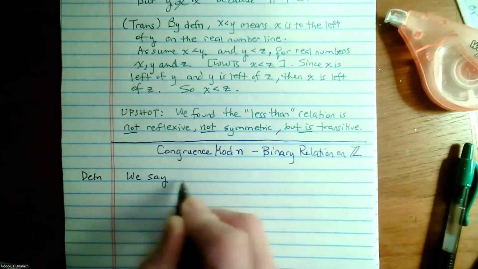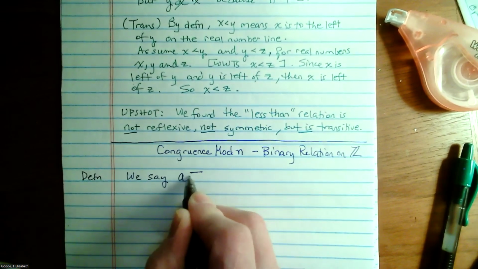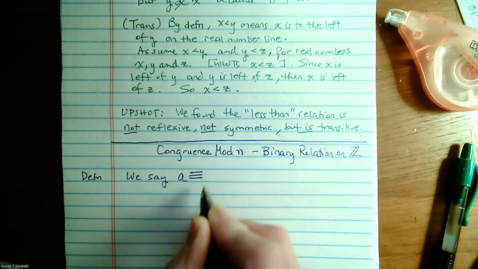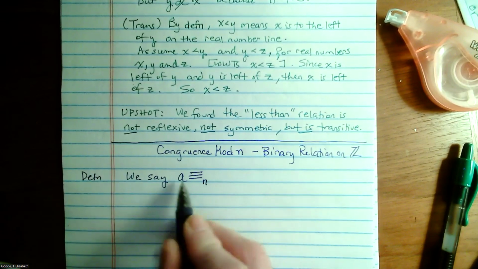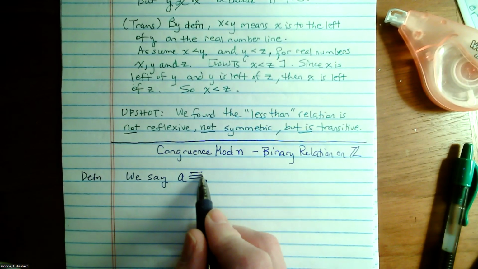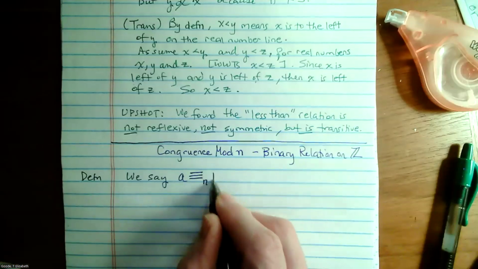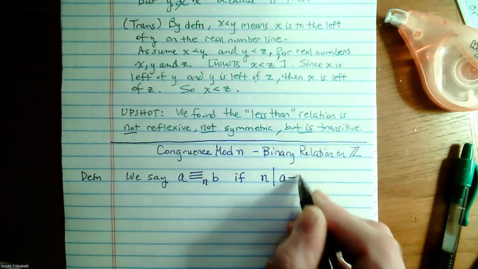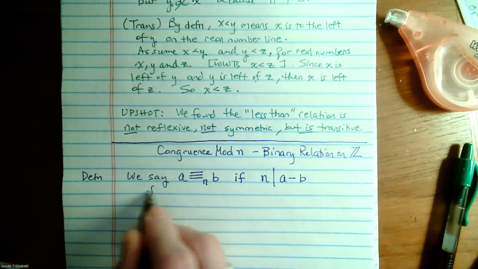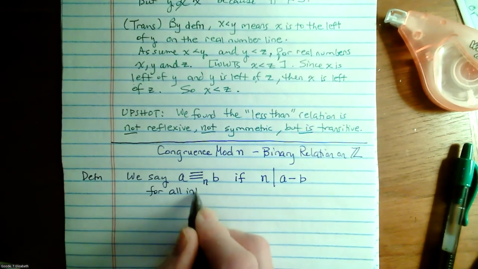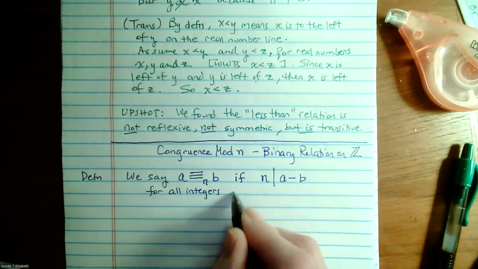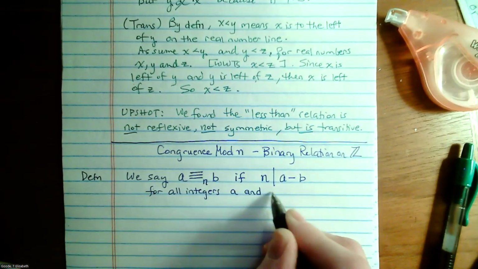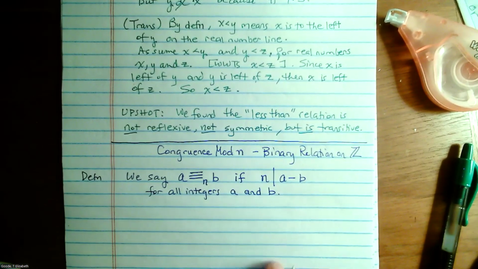We say A, and this is the way we write it, triple equal sign with a little n underneath, and we read this congruent mod n to B if n divides A minus B. And this is for all integers A and B. This is a binary relation on the integers.